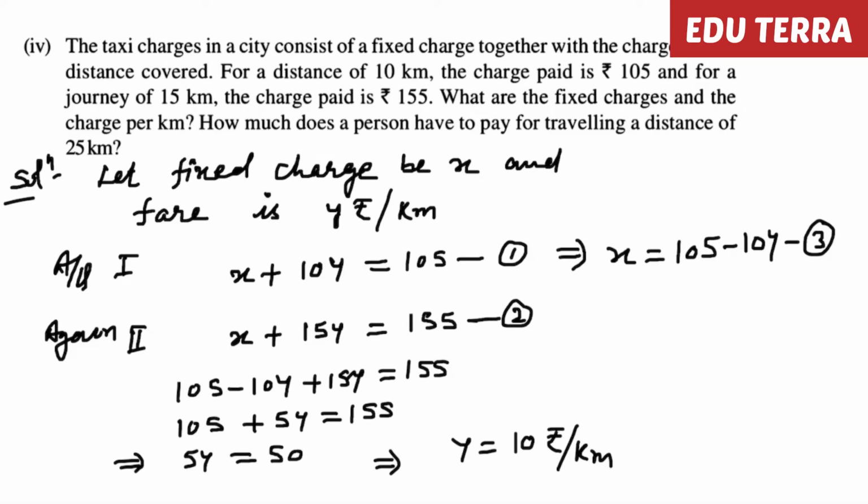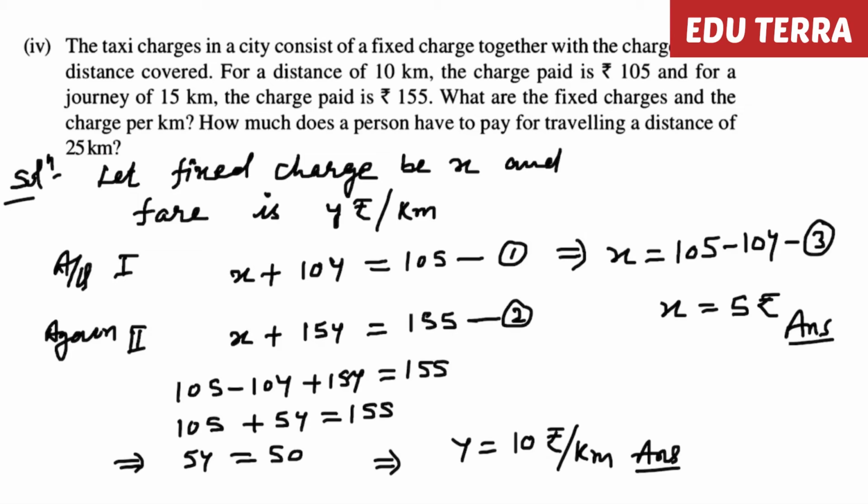So substitute y equals 10 in 1 or 2 or 3. You will get x equal to, see, 10 10s are 100. So it will come 5 rupees. So it is one answer. Now in the last part, for 25 kilometers, how much will we pay?